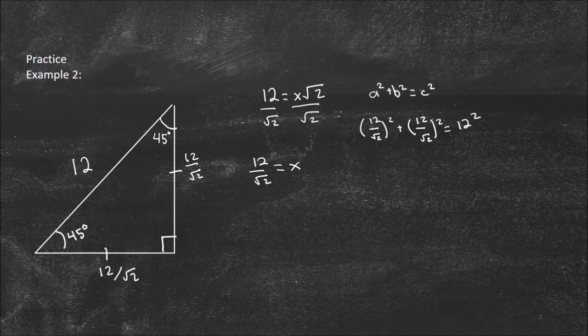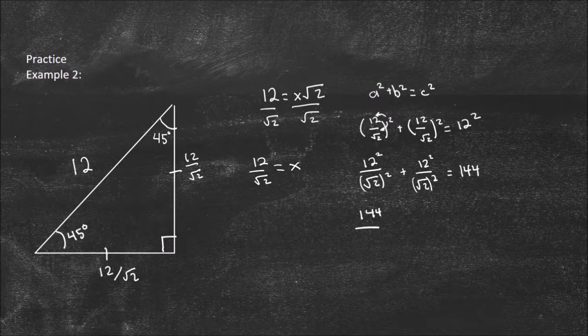Okay, so again, with 12 divided by square root of 2, remember the square has to hit both the top and the bottom. So it'll be 12 squared divided by square root of 2 quantity squared, plus 12 squared divided by square root of 2 quantity squared, equals 12 squared, which is just 144. So now I'm going to simplify everything in here.